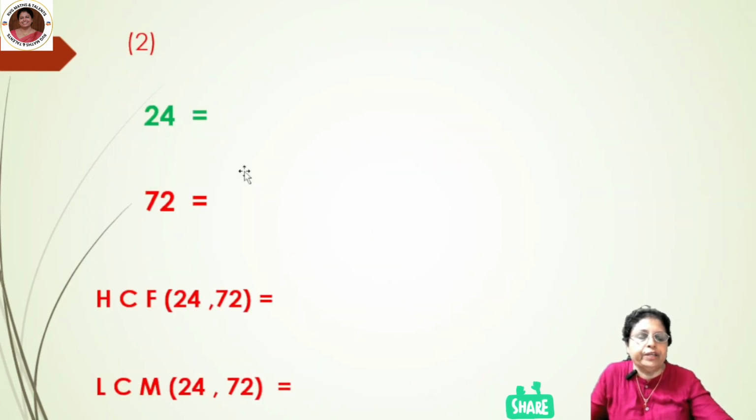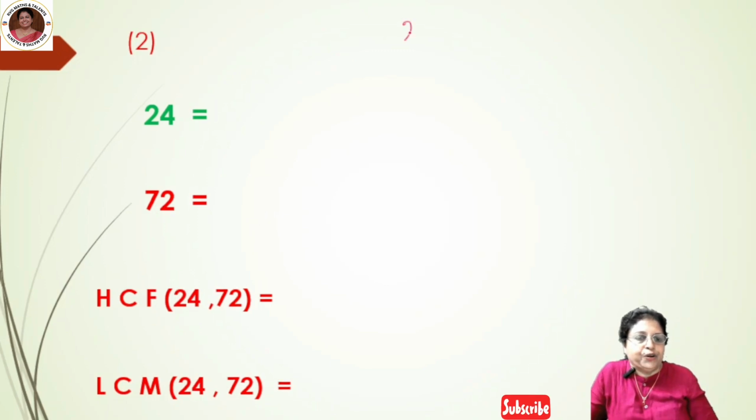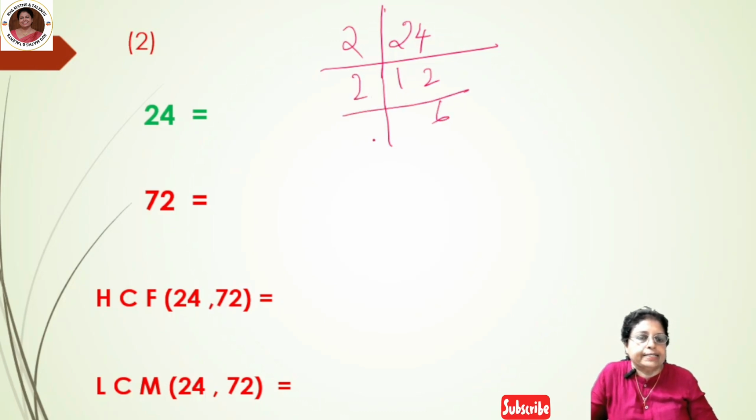Next question is 24 and 72. I think you can do this as homework. Okay, I think you are very much interested in mathematics, so you have done it very fast. Okay, you got it. 24, just factorize this. 12 is divided by 2, you will get 6, 2, then 3.